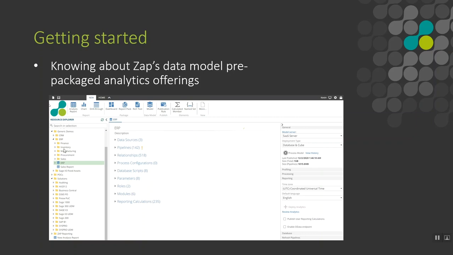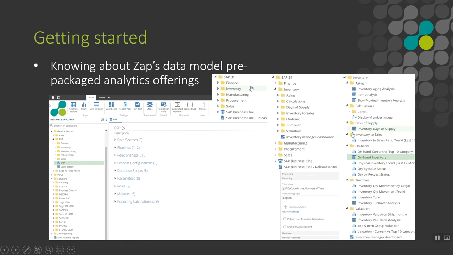Now on the left panel, you will see a couple of subfolders under my ERP folder. As an example, in SAP Business One, the data set that I'm using today, we have 5 subfolders, one for finance, inventory, manufacturing, procurement, and sales.